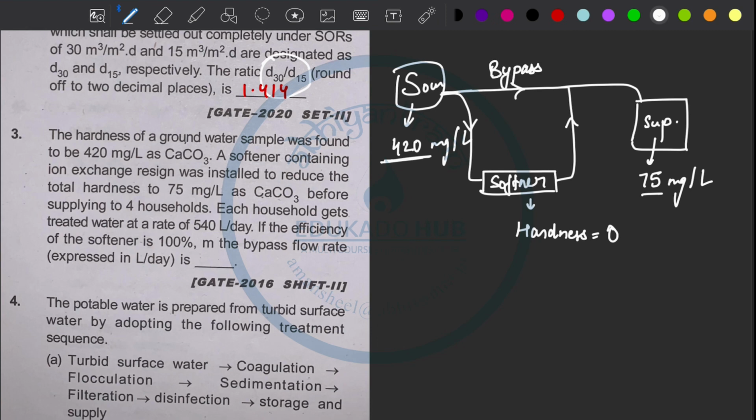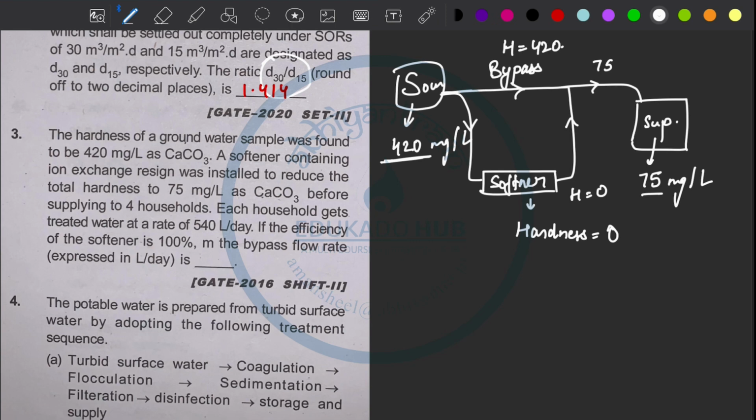How much bypass should go so that, with hardness 0 from the softener and 420 milligram per liter from the bypass, the end result becomes 75 milligram per liter? This is the question, and we need to calculate the flow rate of the bypass.